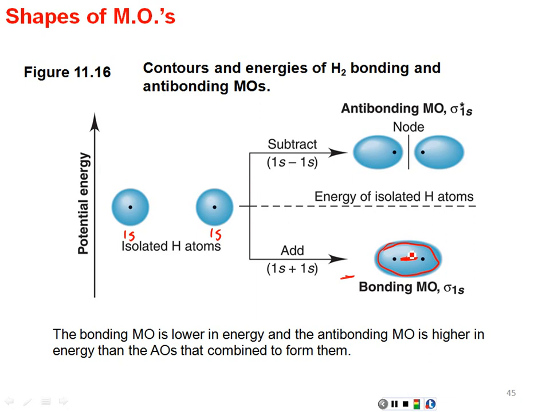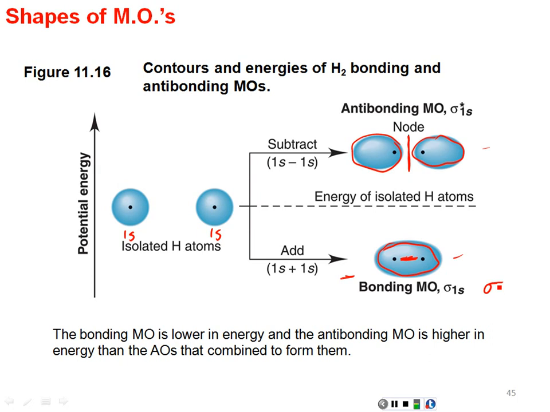Now, we're starting with two atomic orbitals, so we need to make two molecular orbitals. We have the bonding, but we also make an anti-bonding, shown up here, where the electron density is actually zero between the two nuclei, and you get a node. A bonding molecular orbital, in this case, would be a sigma bond because the density is along the bond axis.